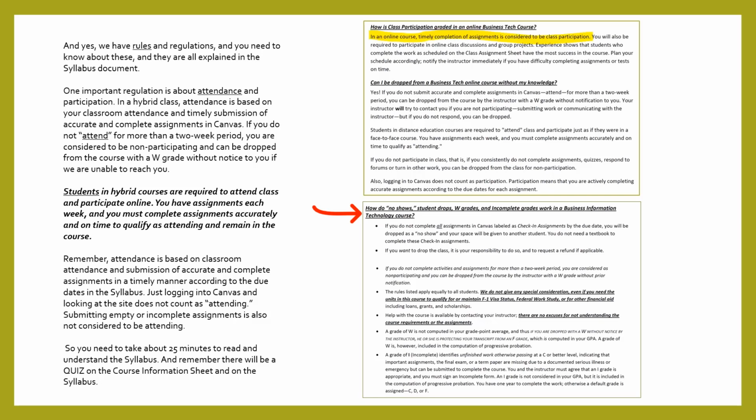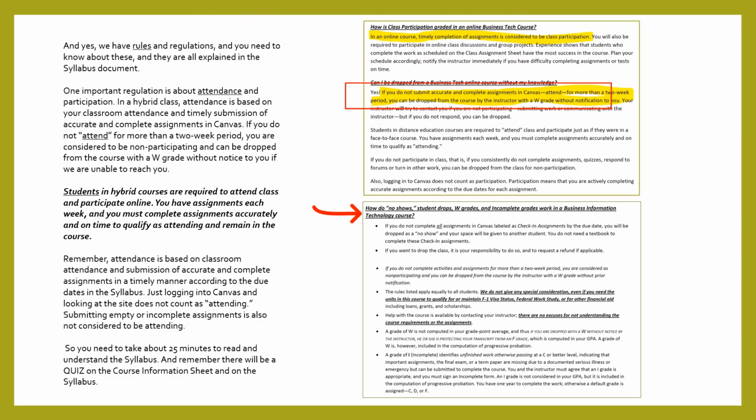In a hybrid class, attendance is based on your classroom attendance and timely submission of accurate and complete assignments in Canvas. If you do not attend for more than a 2-week period, you are considered to be non-participating and can be dropped from the course with a W grade without notice to you if we are unable to reach you.